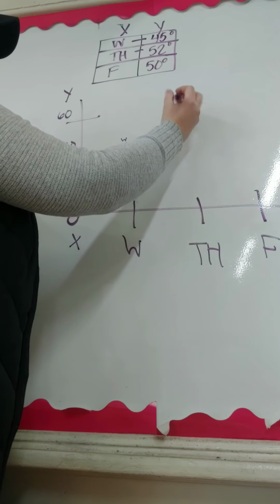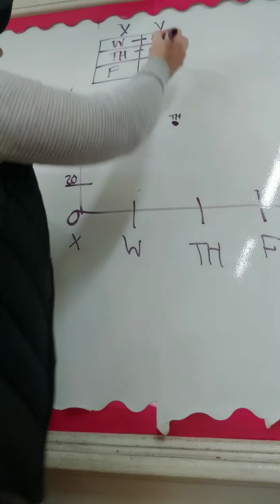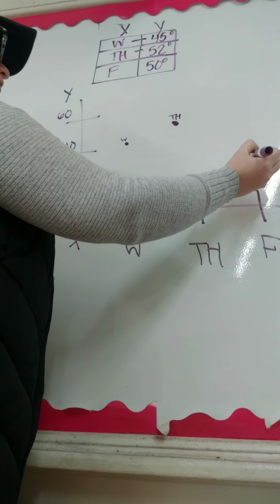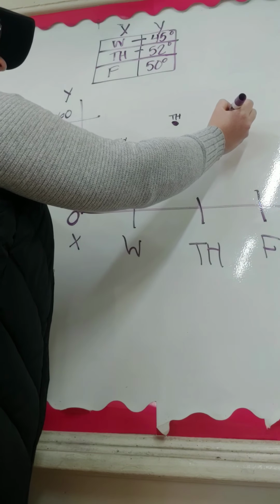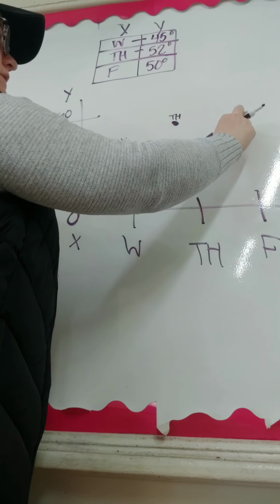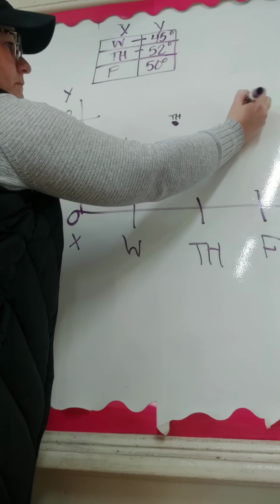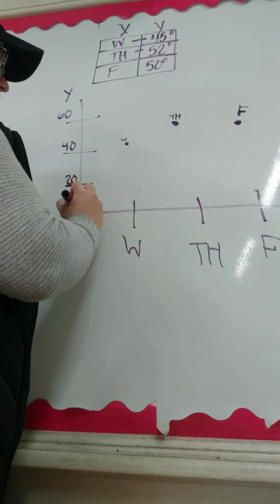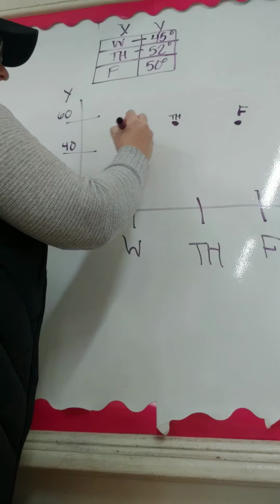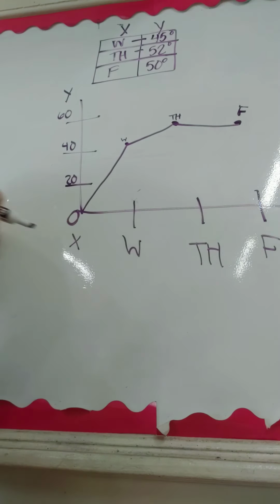And this doesn't have to be any type of perfect situation, it's just close, okay? And then Friday, we're gonna go right smack dab in the middle, a little bit below Thursday because it's 50 today, 52 yesterday, okay? So, we'll draw our line from 0 to Wednesday to Thursday to Friday, okay?